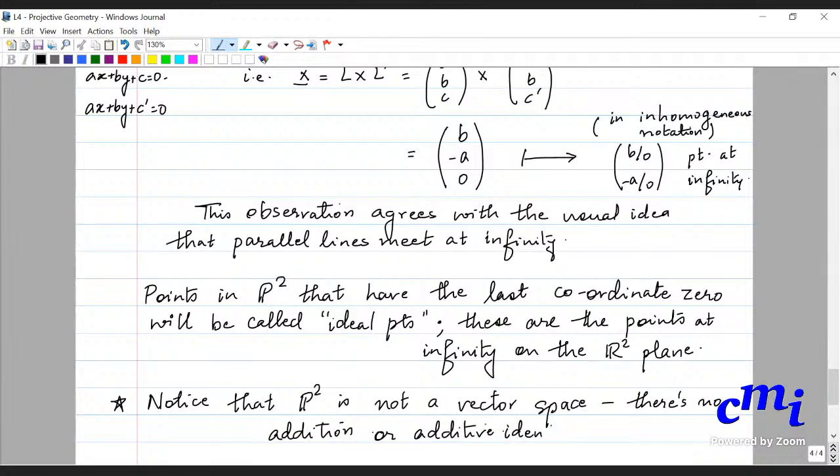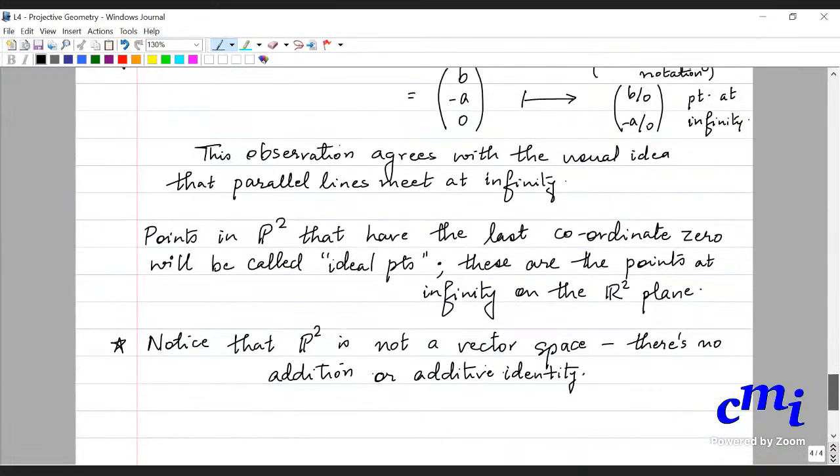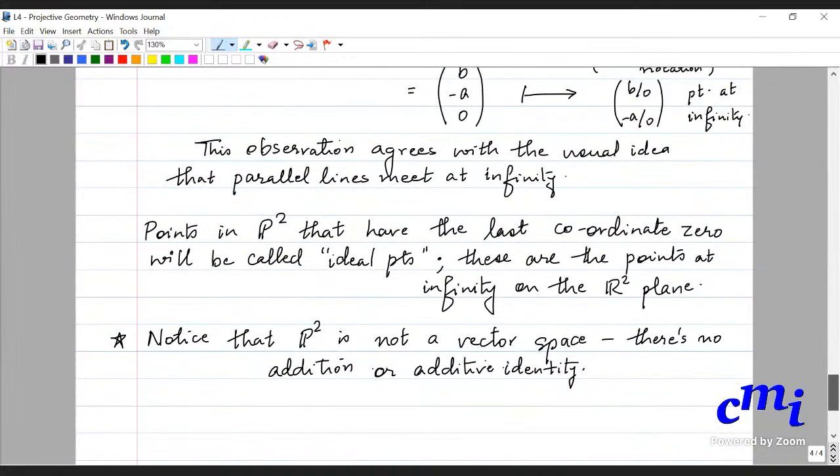Okay, so this is the space that we have got, although it is sort of expanding notation for us, taking care of this axiom of parallelism and so on. It is not a vector space, so you cannot deal with it as you would with R2.